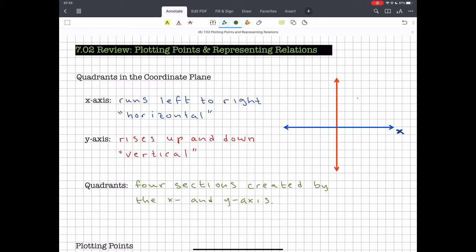So if we were to label them, we've got quadrant 1 here in the top right. We've got quadrant 2 here, quadrant 3, and quadrant 4. It goes counterclockwise.